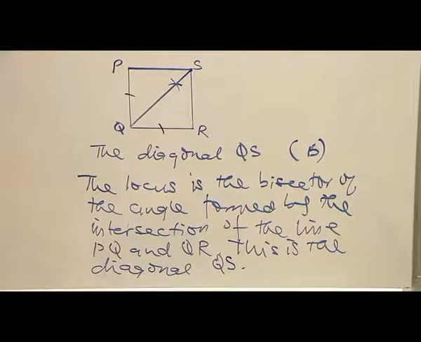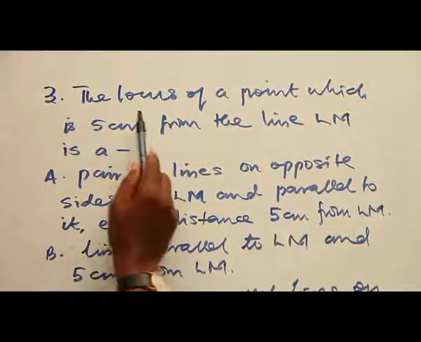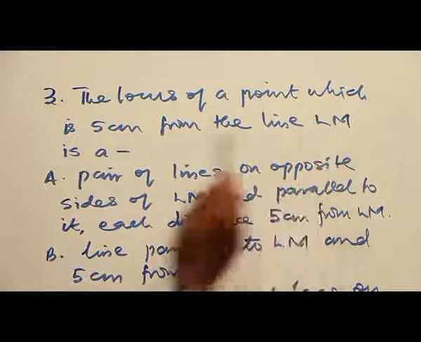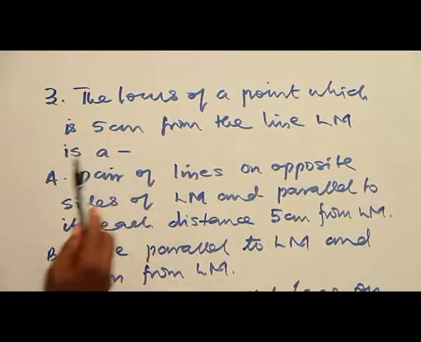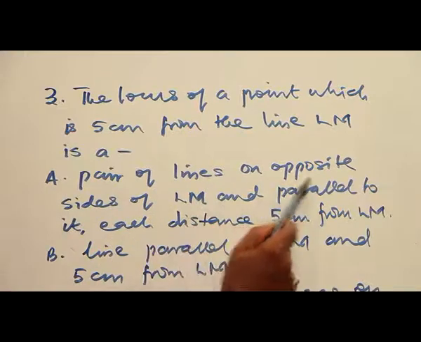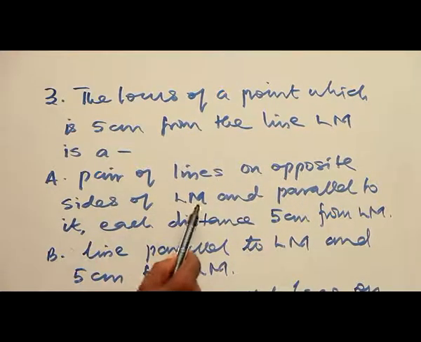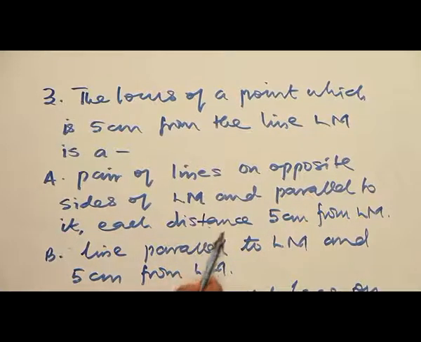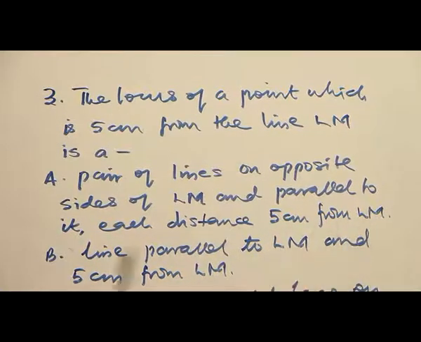QS. Example number 3. The locus of a point which is 5 centimeters from the line LM is a dash. A, a pair of lines on opposite sides of LM and parallel to it, each distance 5 centimeters from LM.